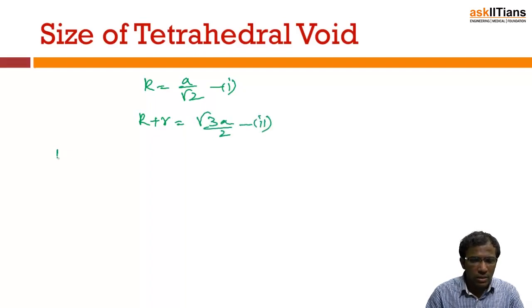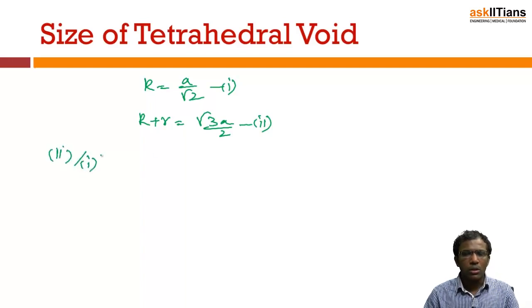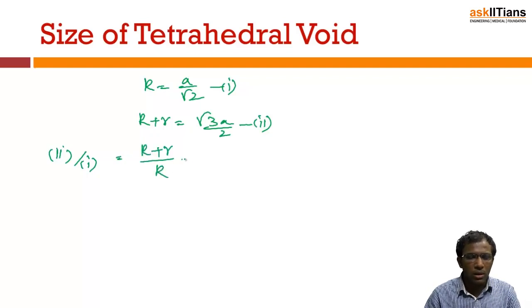So, just divide expression 2 by 1, what will you get? You will get R plus r by R is equal to root 3 a by 2 divided by a by root 2. So, a will get cancelled, you will get root 3 by root 2.